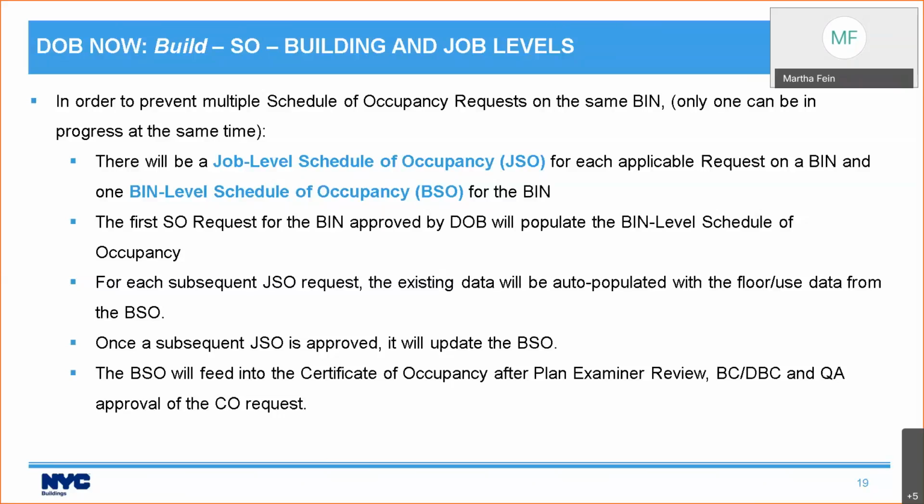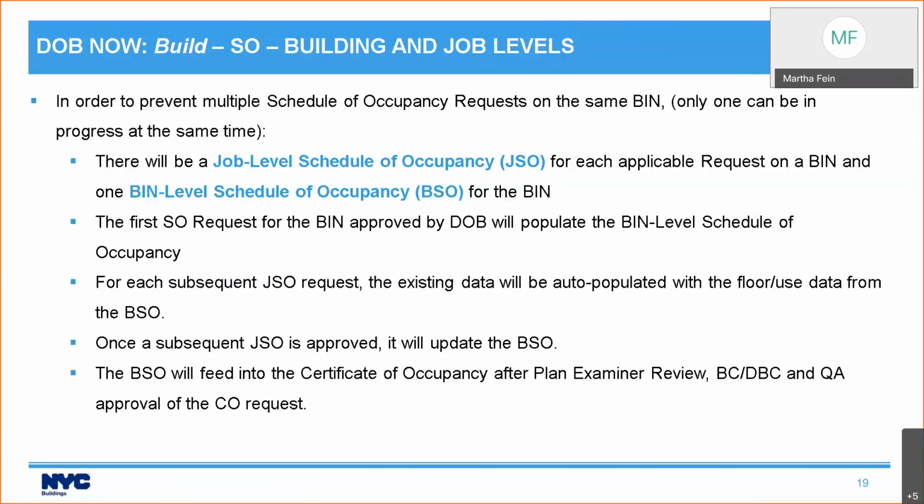So when someone comes in to do a later job level schedule of occupancy request, the existing data, what is on the bin level schedule of occupancy, all the records that are on that bin level schedule of occupancy, will get auto-populated into the new job level schedule of occupancy.